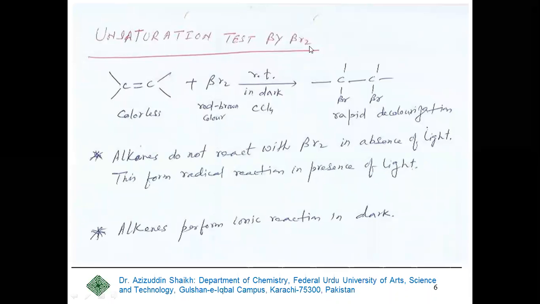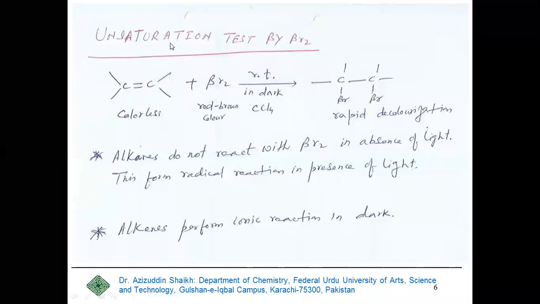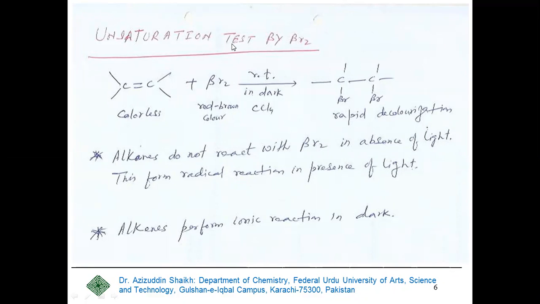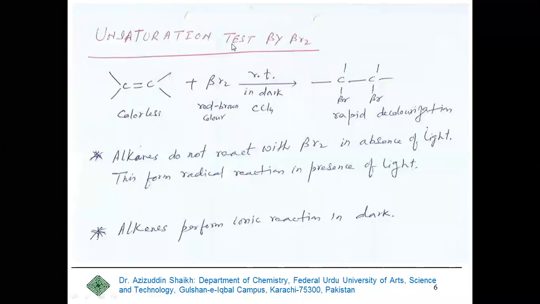Unsaturation test by bromine. I hope you have performed the unsaturation test in the lab. One unsaturation test is by Br2 in CCl4, by which you can determine unsaturation or saturation in the compound. You take the compound in a solution of Br2 in CCl4. If the solution is decolorized, it means the compound is unsaturated.